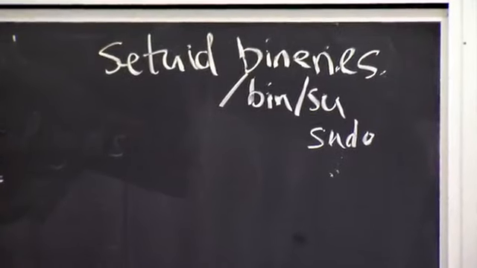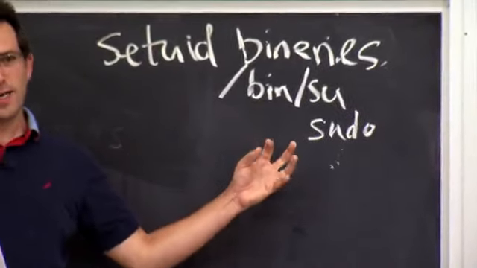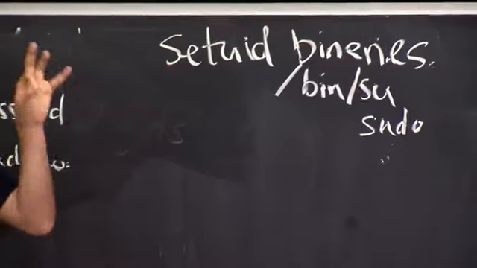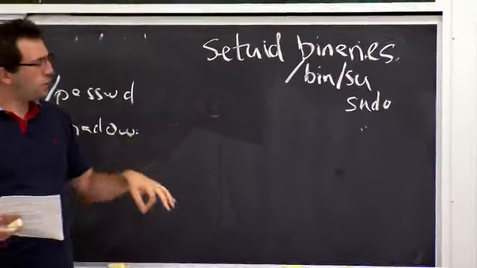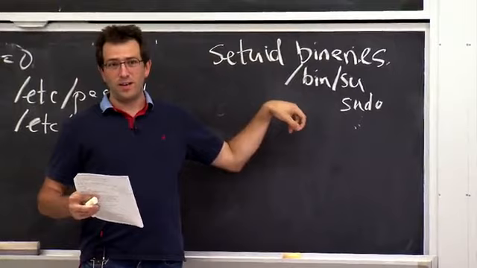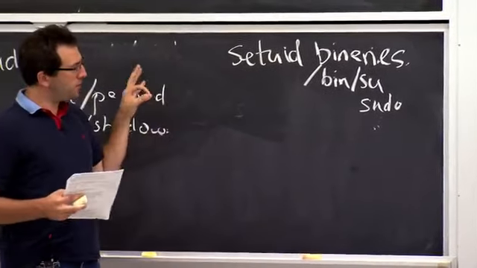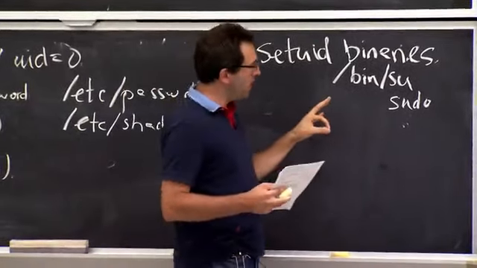The difference is that when you execute one of these binaries, it actually switches the user ID of the process to the owner of this binary. It's a little bit of a weird mechanism when you first see it.